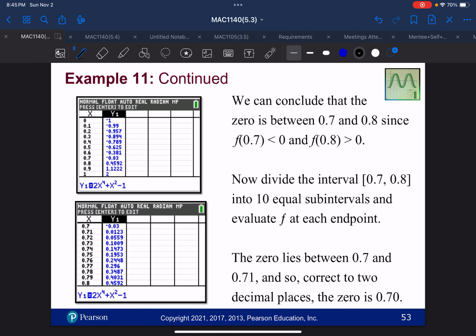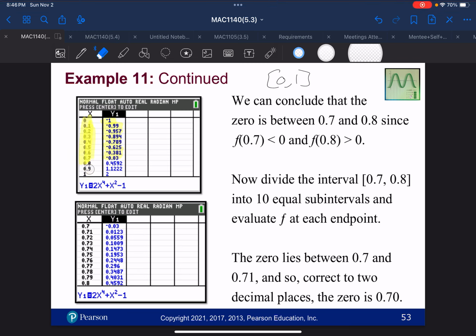So remember, we were using the interval between 0 and 1, and we did find that there was a 0 in between there. So if I separate this into 10 intervals, then I look here at this table, that means I'm looking at 0.1, 0.2, 0.3, up until 0.9. So you see, when I plug in 0, I get a negative, and up until 0.7, they're all negative.